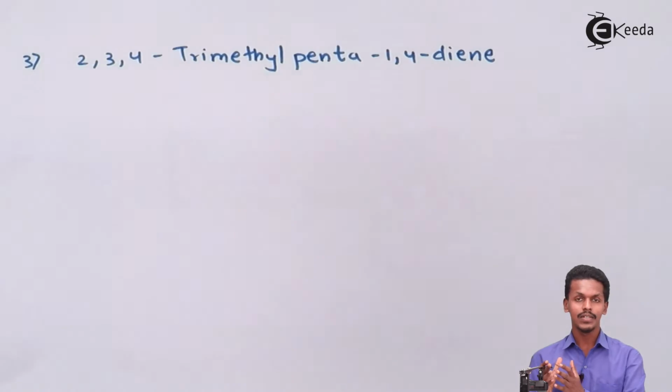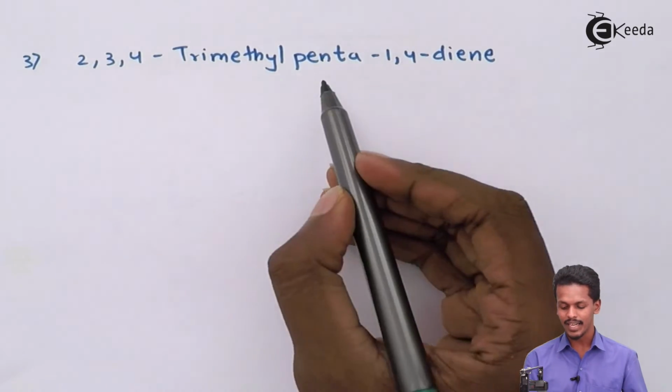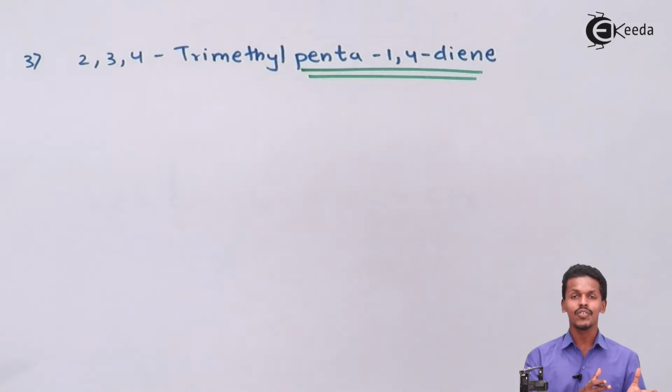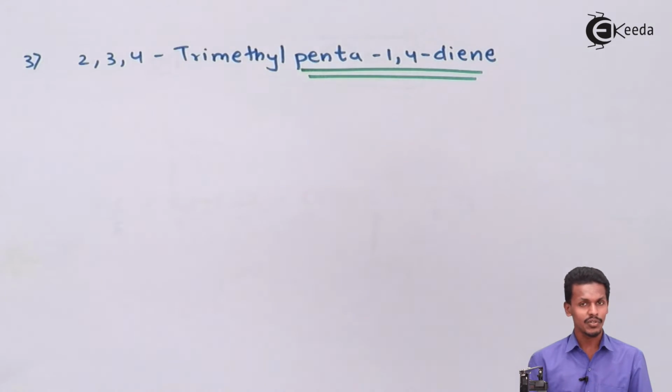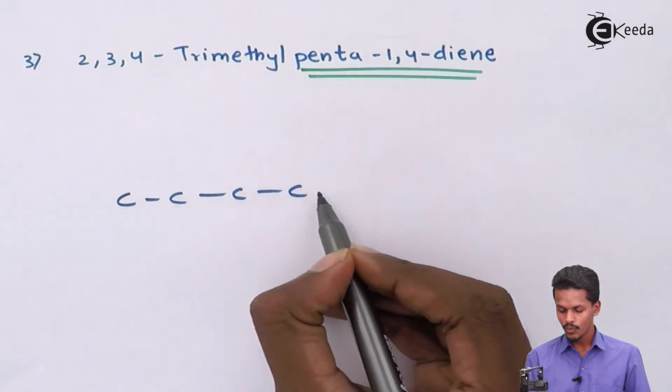This is the parent name which ends with the suffix, that is, penta-1,4-diene. Penta-1,4-diene itself indicates that it consists of 5 carbon atoms in a continuous chain. So therefore we could write this as 1, 2, 3, 4, 5.